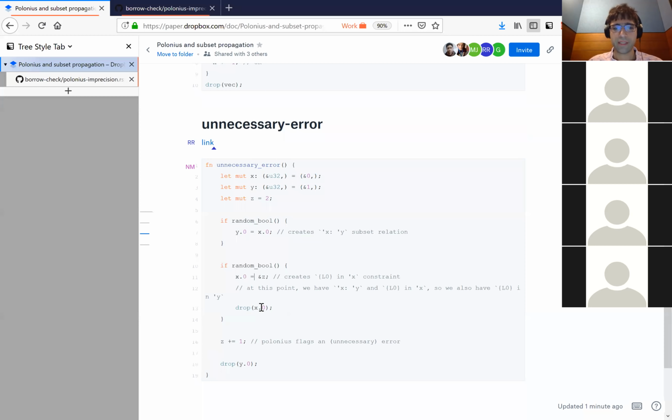But that's not what Polonius thinks, because Polonius creates a subset relation saying that these regions have a relationship to one another, and it carries it forward. So at this point, it still believes that they're related to one another. So when we add something into x, we wind up thinking that it's borrowed even when it's not.